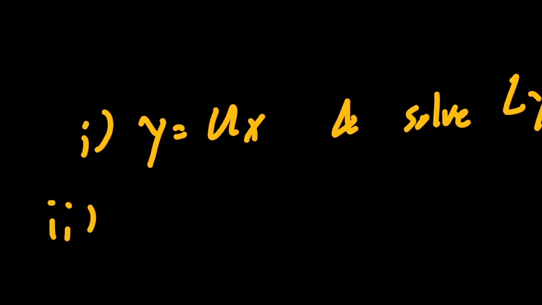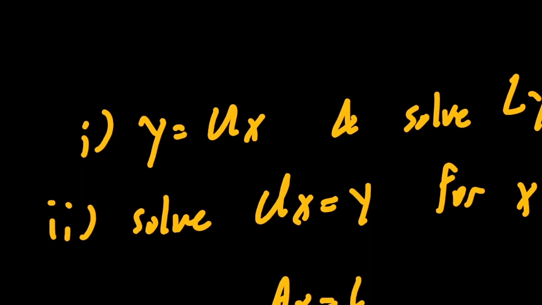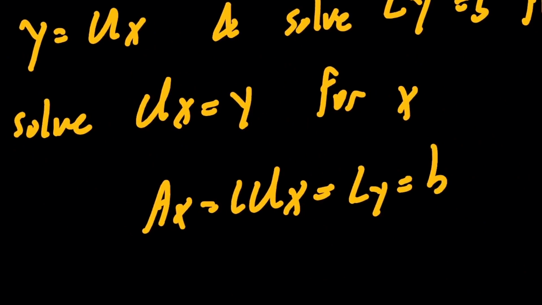And we can also solve the upper triangular matrix U times x equals y for x. And the column x is the solution of the original system, because A times x is equal to L U times x, which is equal to L times y, which is equal to b.